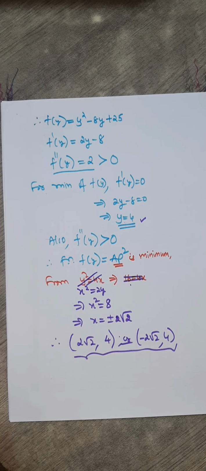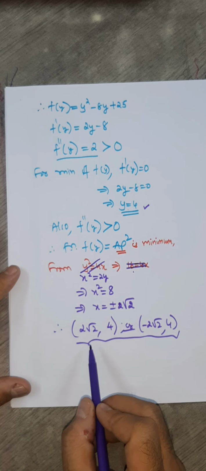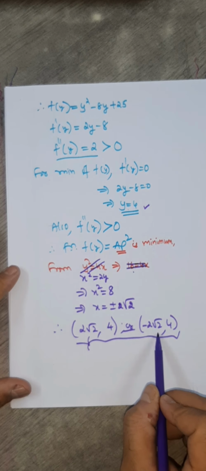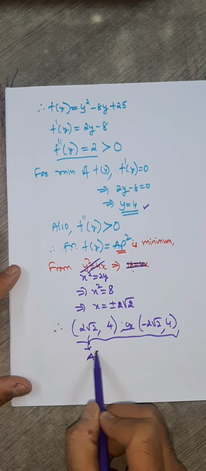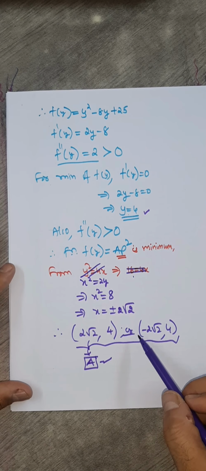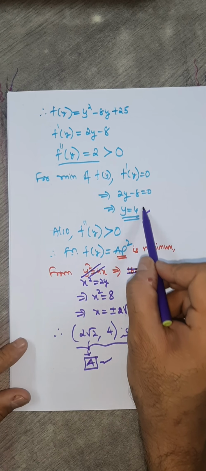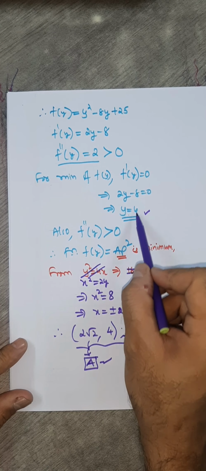But in the options, if you look, you are not given a negative value, I suppose. So this is not the required one. So A is the correct option. Actually no need to do further. When you are doing an MCQ, at this place you will realize there is only one option having y coordinate equal to 4. So you can stop.